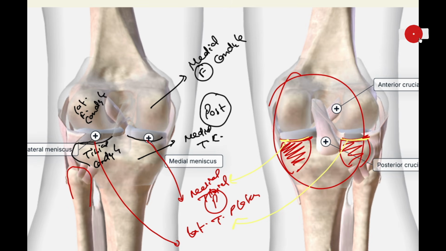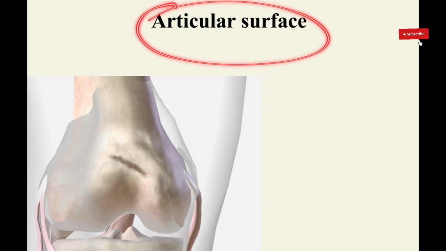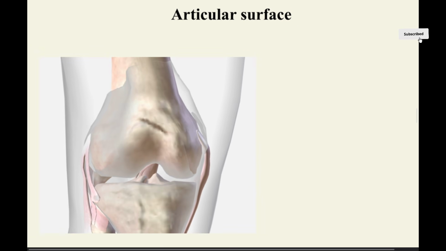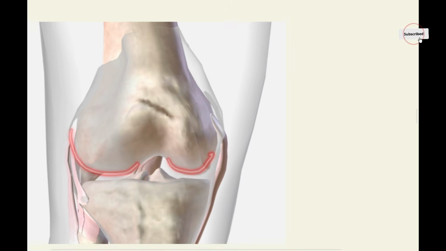Now as we are moving forward, we are going to discuss the articular surface. What is the articular surface? Articular surfaces are those surfaces which allow joint formation. On the distal aspect, the below region, this is your articular surface of the femur.